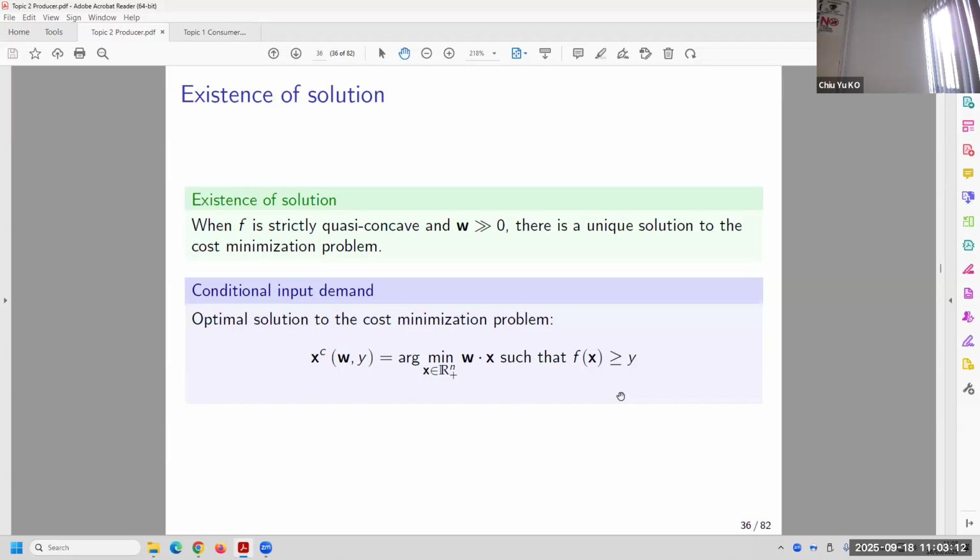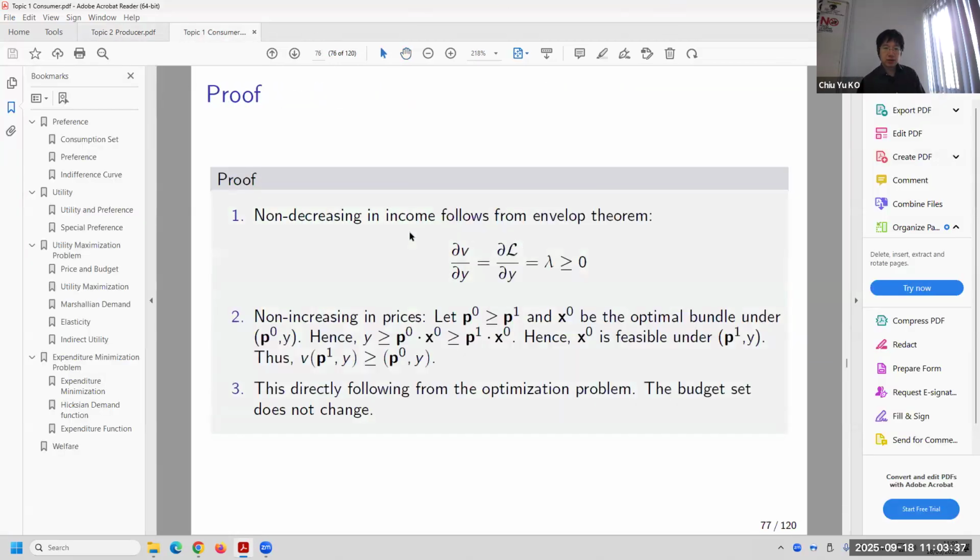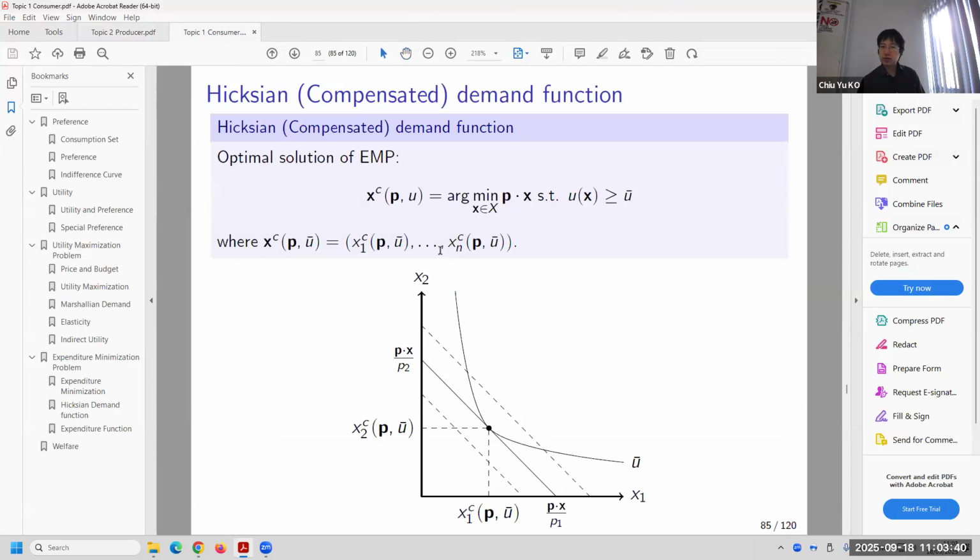So for conditional, I have to tell the y. But this is nothing but the same as the Hicksian demand, right? Hicksian demand is a function of price, and you give me your utility level, if you can't recall. The cost minimization problem gives the Hicksian demand as well. Same thing.